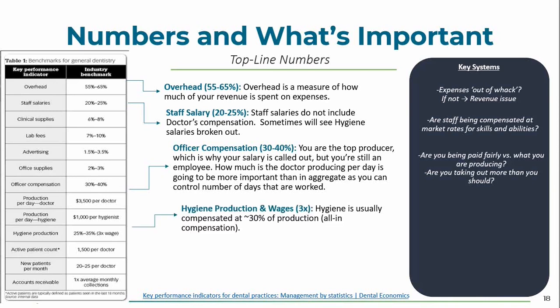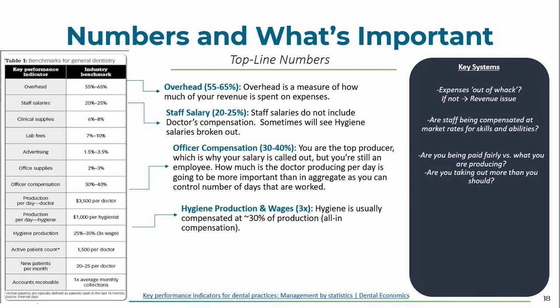Next is hygiene production and wages. So typically, when the industry looks at hygiene production and wages, they are looking for kind of a 3x multiple or 30%. So what that means is for what hygiene produces, because they're providers as well, or what a hygiene department produces, there should be about a 30% take home from a compensation perspective, or a 3x multiplier.